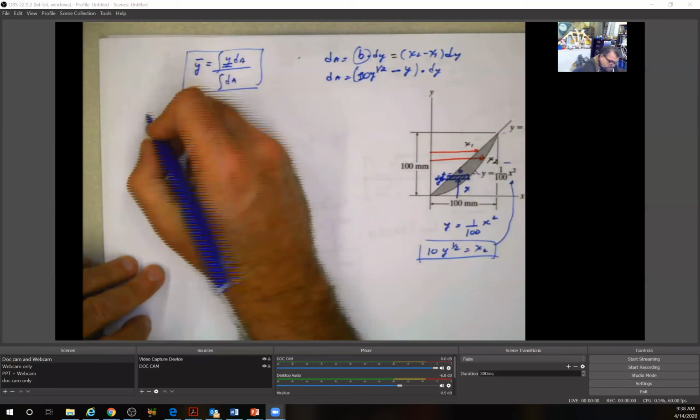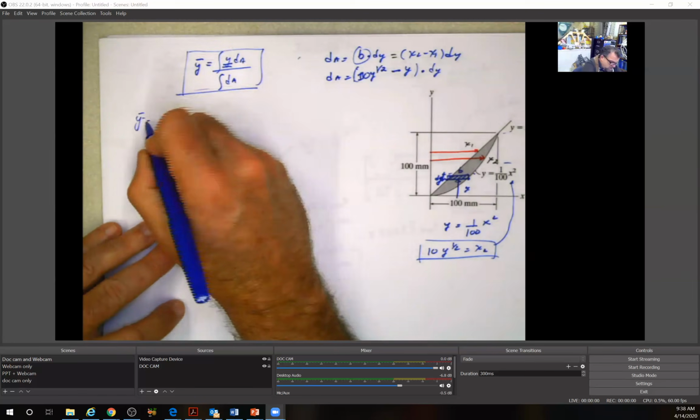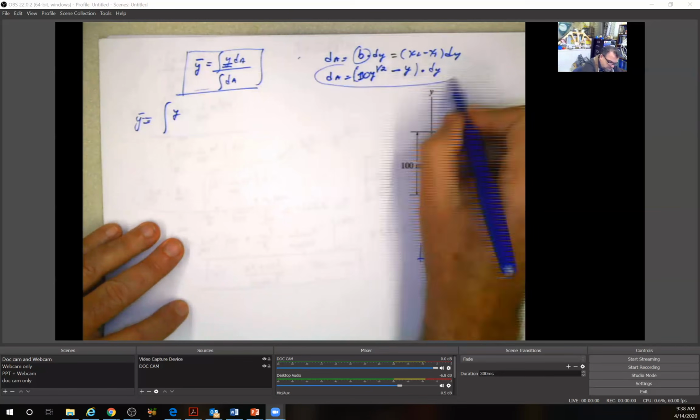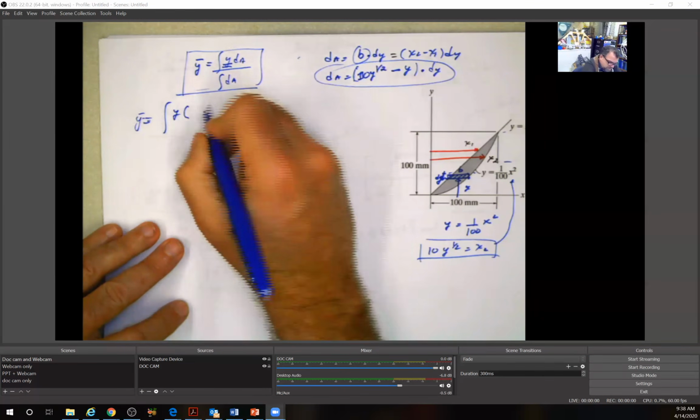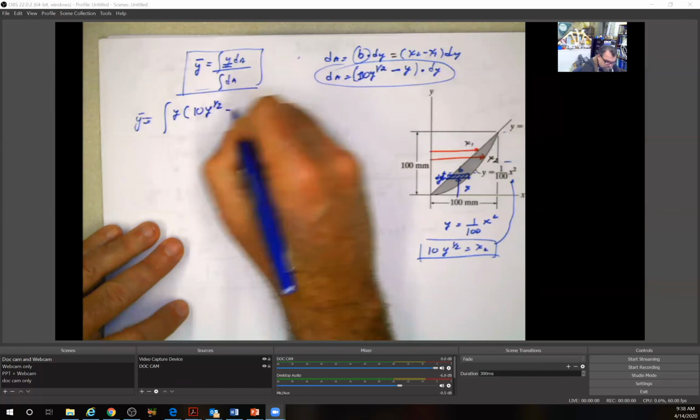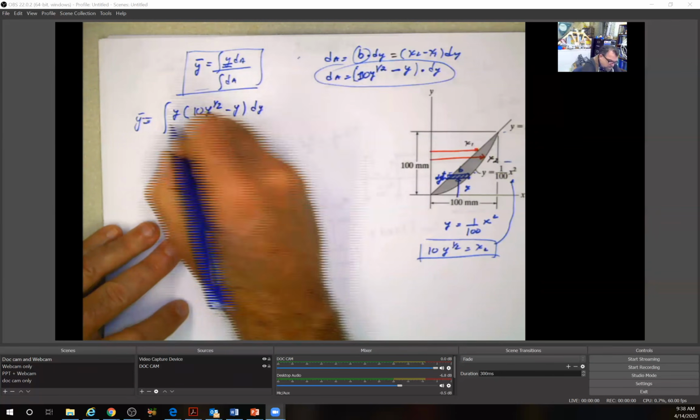Then you apply your equation, that's it. Y bar equals the integral of y times dA, but dA is this one, divided by the integral of that.